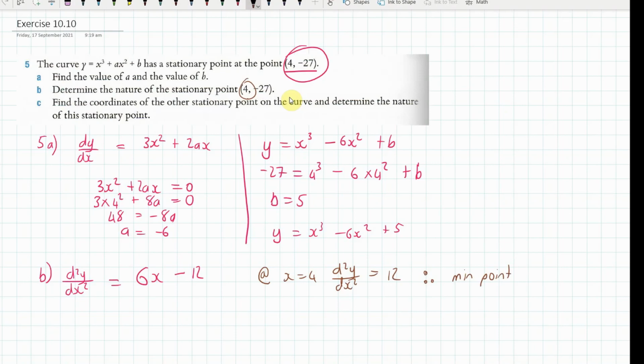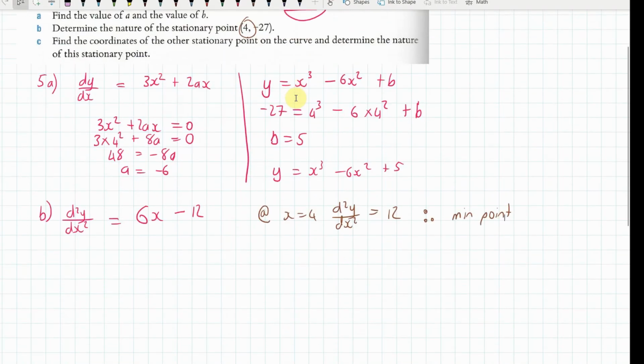Okay, now the last step here is to find the coordinates of the other stationary point. Right. So we go find out the stationary point. We've got 3x squared minus 12x is equal to 0.